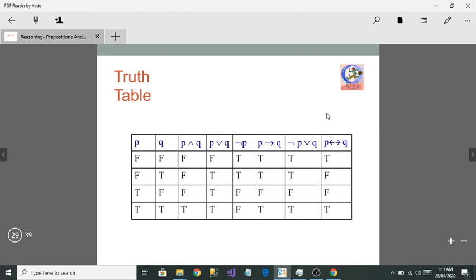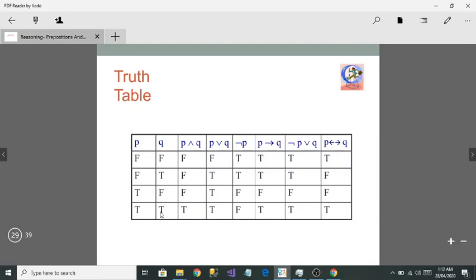So this is the truth table of all the operators that I have explained to you right now. Like P and Q is there, and it is false and true, it is being written. So let me give you the summary of all. When we talk about conjunction, if both are false, it would be false. One is false, another is true, it would be false. So basically what was conjunction? When both are true, then only it will be true, otherwise it would be false.